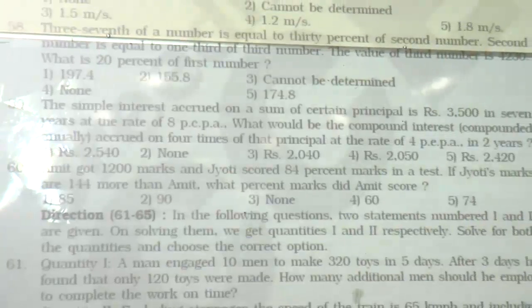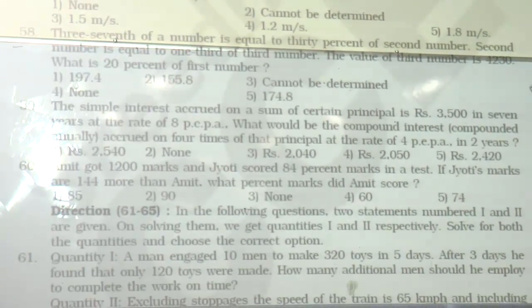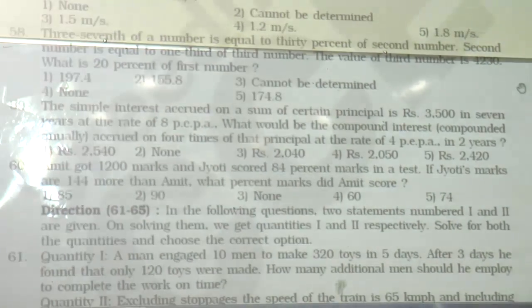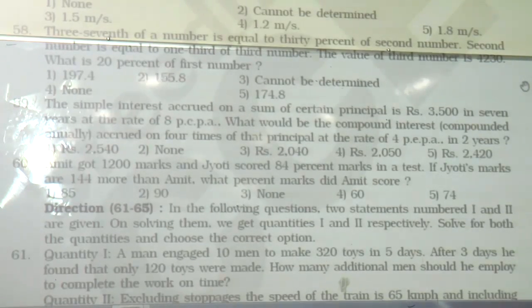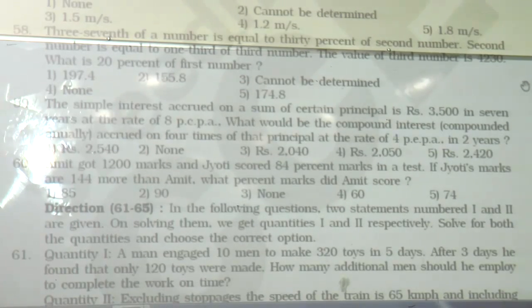(59) The simple interest on a certain principal is 3500 in 7 years at the rate of 8% per annum. So if it is 8% per annum for 7 years, you will get 56%.